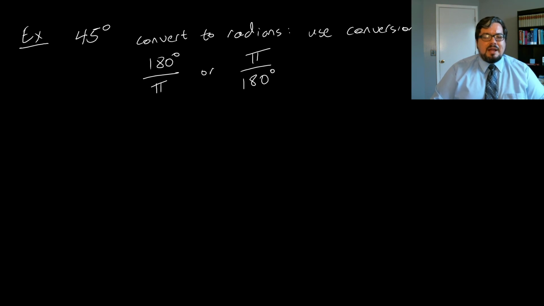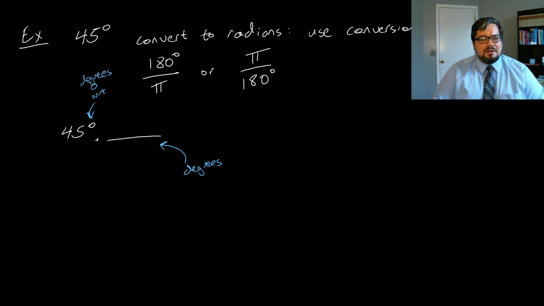So to figure out which way to multiply this 45 by, remember that when we do a conversion factor, we want to make sure that whatever unit we're starting with up here in the numerator, degrees, should also be what we get down here. So we want the degrees on the top to be canceled out by the degrees in the denominator of our conversion factor.